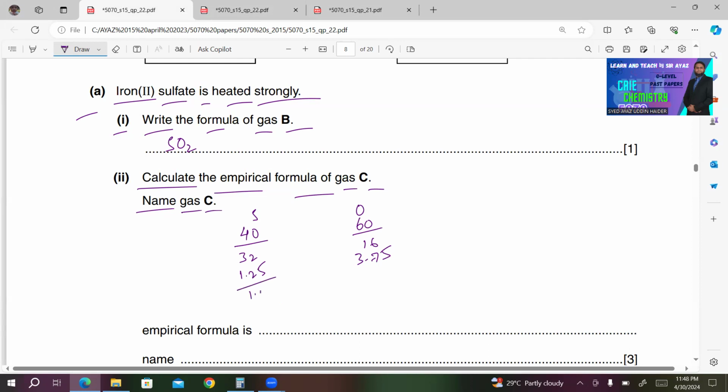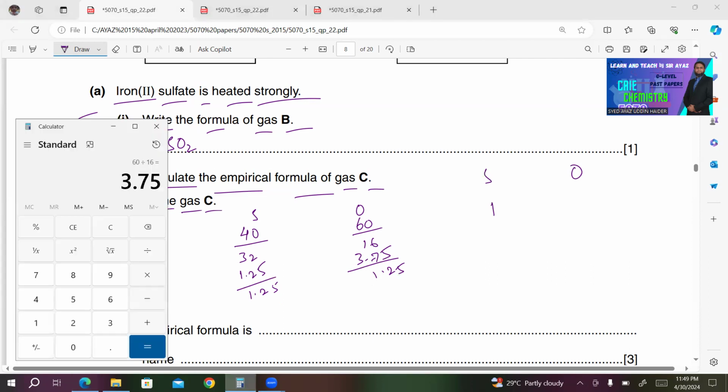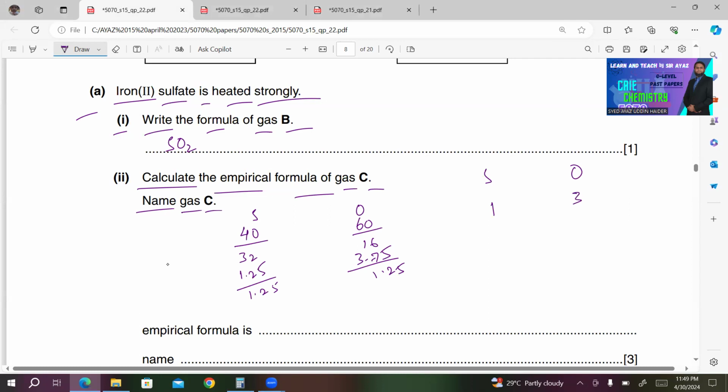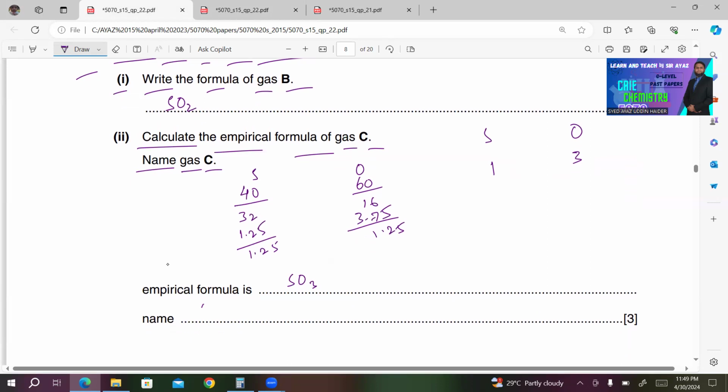So we'll divide both the values by 1.25. For sulfur, we will get 1. For oxygen, 3.75 divided by 1.25, 3. So the empirical formula must be SO3, and we call it sulfur trioxide.